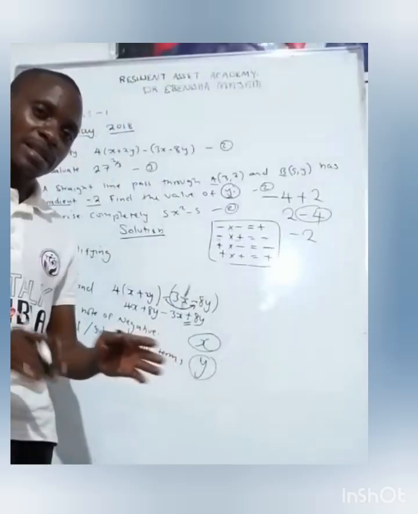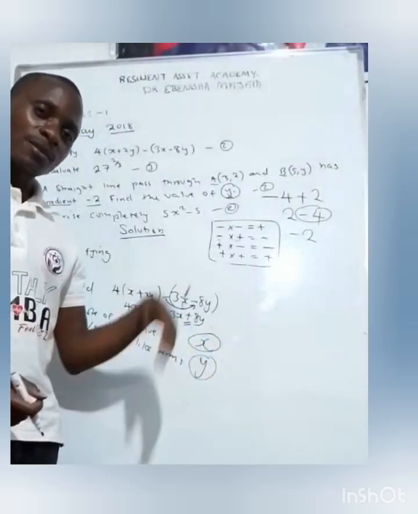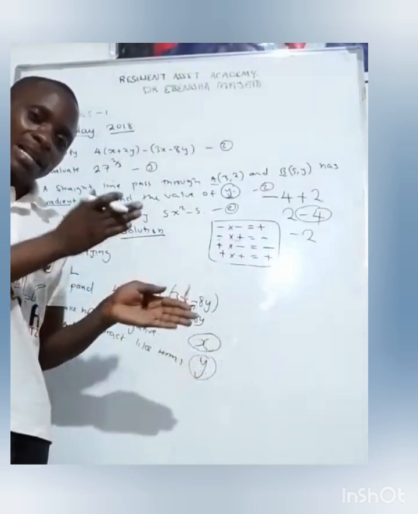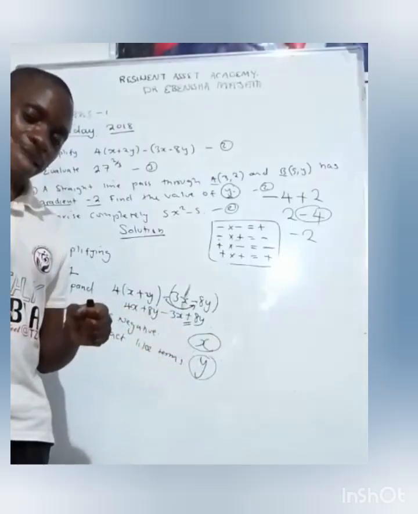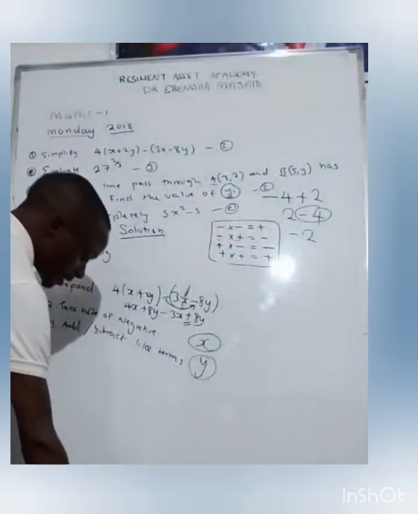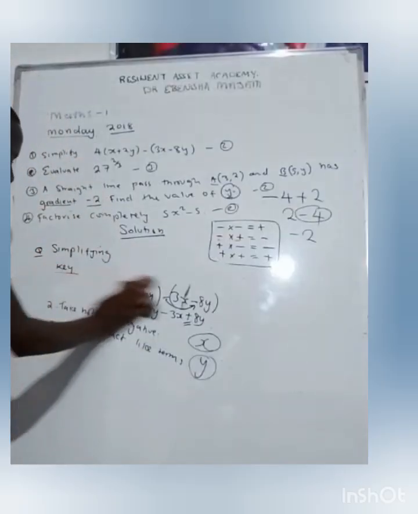Then number 2, I want you to evaluate 16 to the power 3 over 4. So this is also 3 marks. Then number 3, I want you to find the gradient of the line.